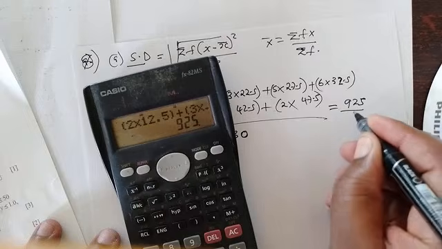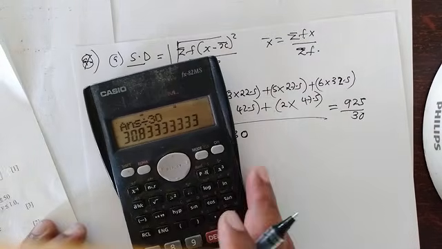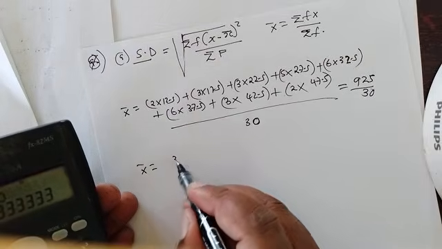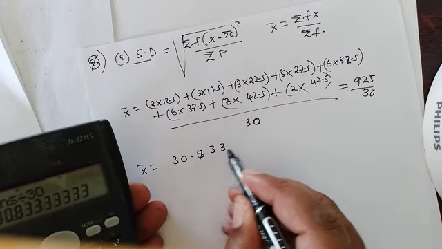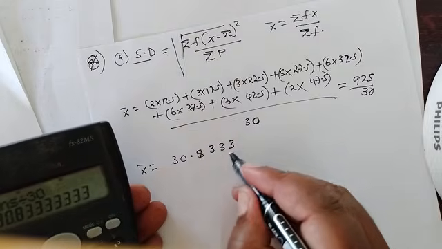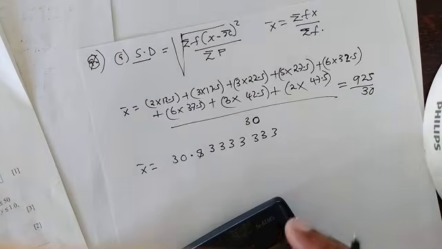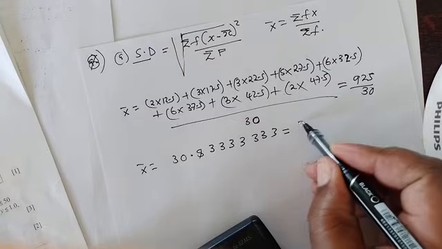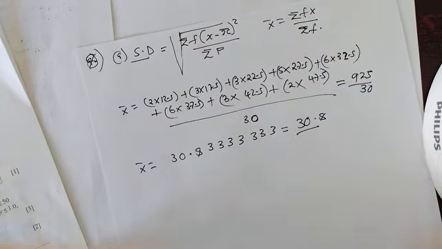You divide this by 30. So you have x bar is equal to 30.8333246. You can even round this off to 3 significant figures, so 30.8 is what we are going to have.